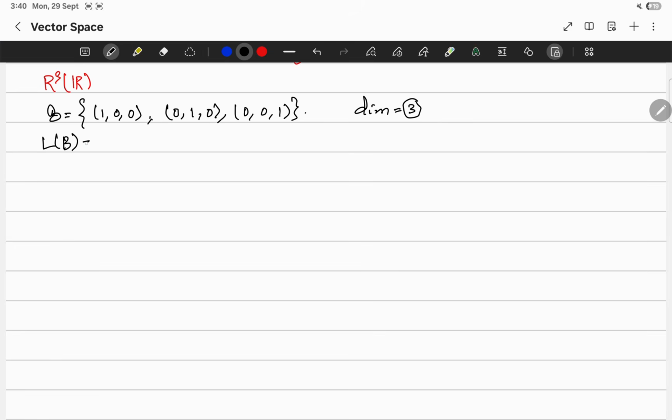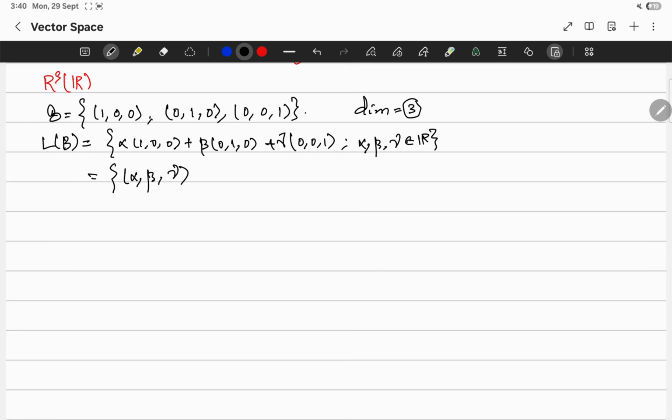The linear span of B is alpha (1, 0, 0) plus beta (0, 1, 0) plus gamma (0, 0, 1), where alpha, beta, gamma are real numbers. So it will give you (alpha, beta, gamma), which is nothing but your R3. So it spans the whole vector space.